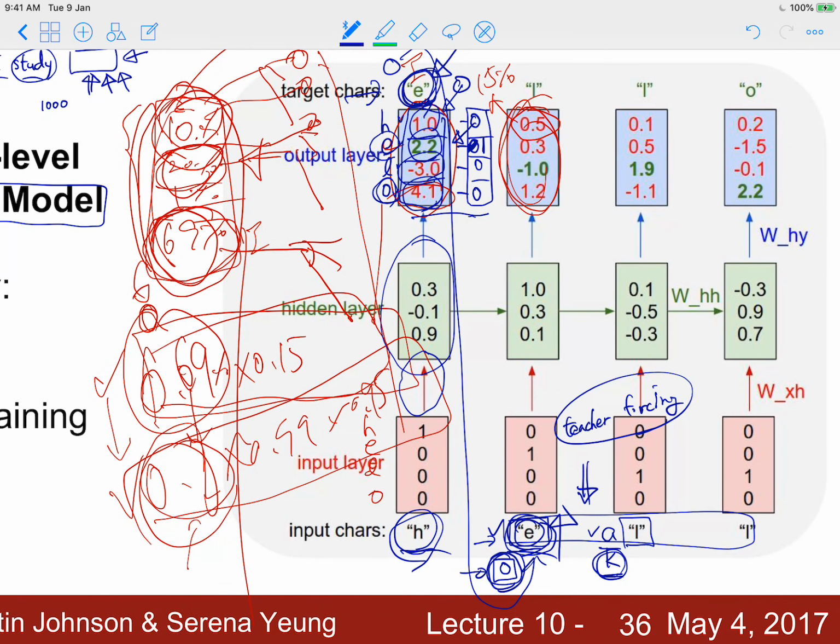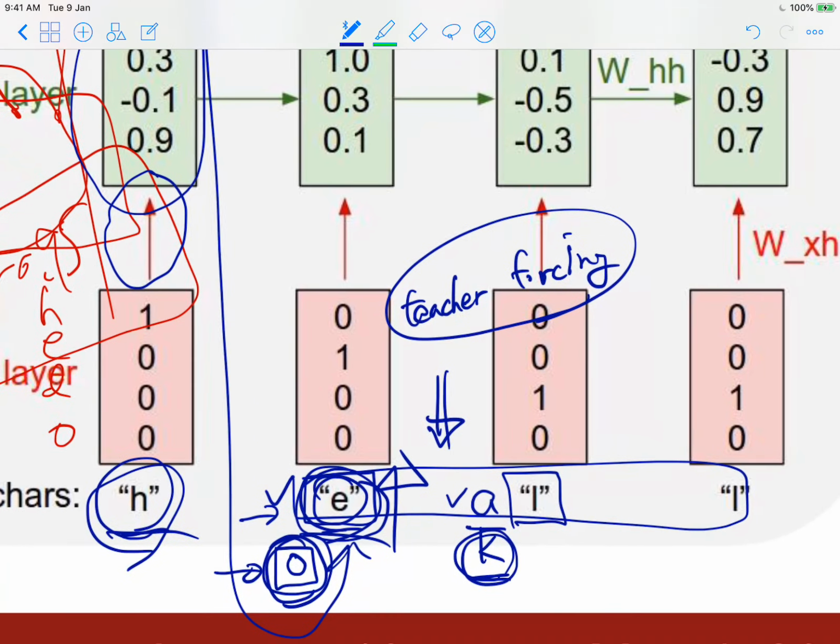Okay, so this is the teacher forcing case that provides the ground truth sequence as an input. I mean that the training for the teacher forcing case is faster than the other case.